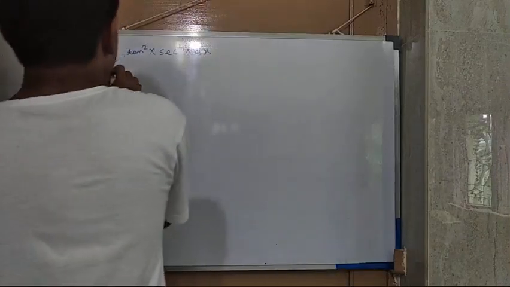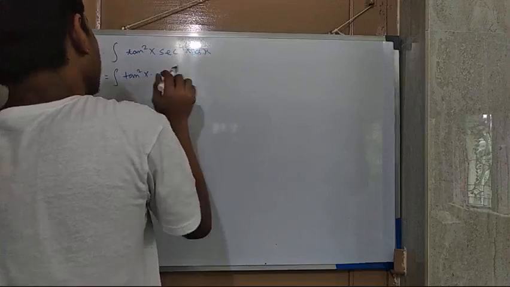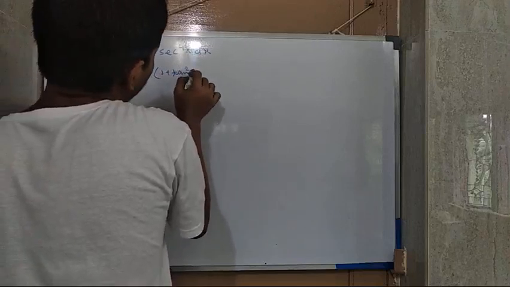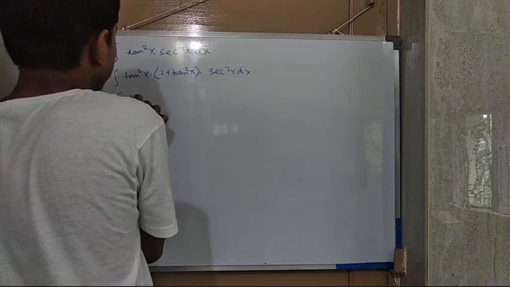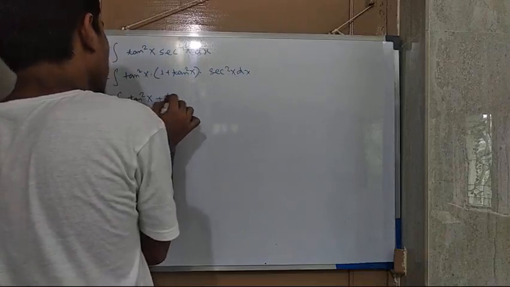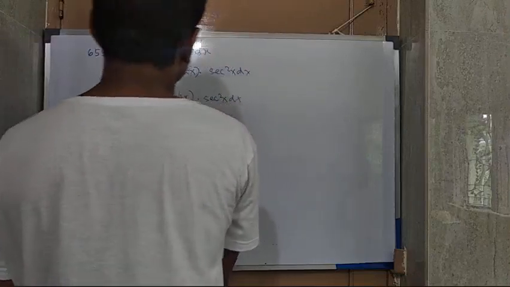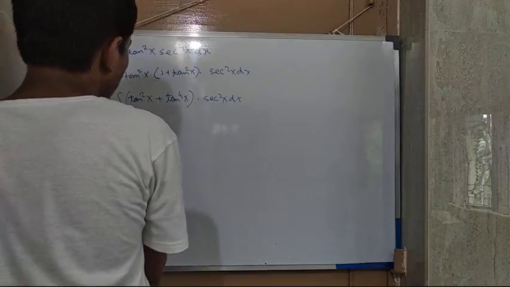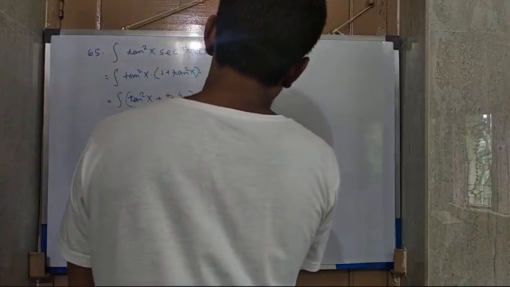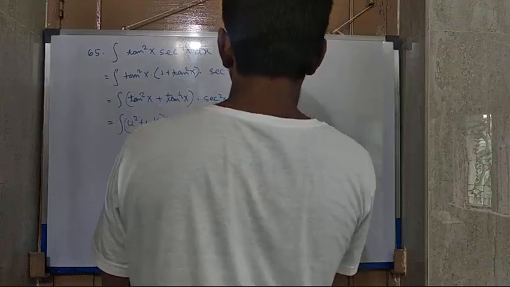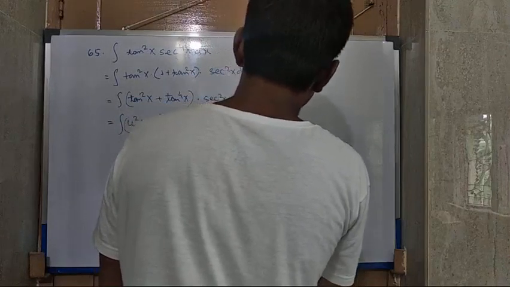Okay, so this can be written as tan square x times 1 plus tan square x times sec square x dx, and hence it is tan square x plus tan to the power 4x times sec square x dx, and this is actually u square plus u to the power 4 du, where we put tan x is equal to u, which implies sec square x dx is equal to du.